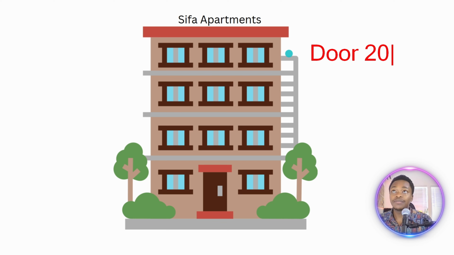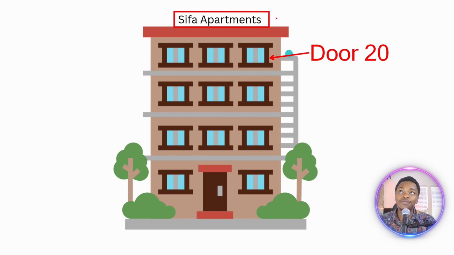Door 20 is the house that you live in. Ndio hii hapa. That is the house that you live in. And then Sifa Apartment, this one, this is the apartment buildings, ndio?